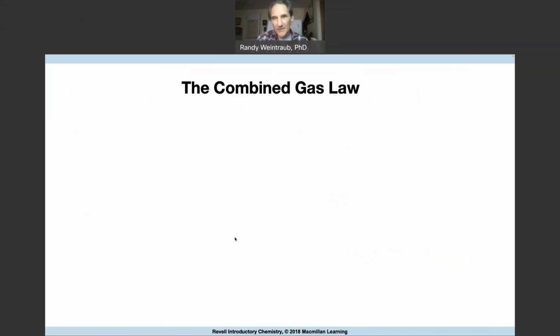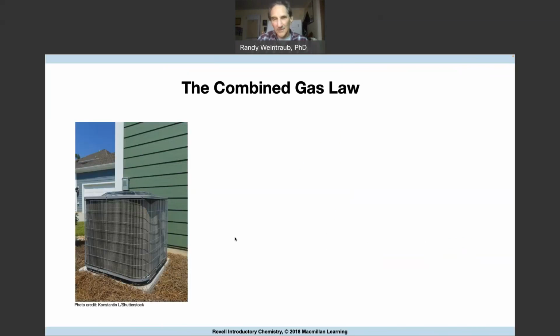In many situations, the pressure, volume, and temperature of a gas all change together. For example, air-conditioning systems rely on compression and expansion of gases. As the pressure and volume of the gas change, the temperature also changes.